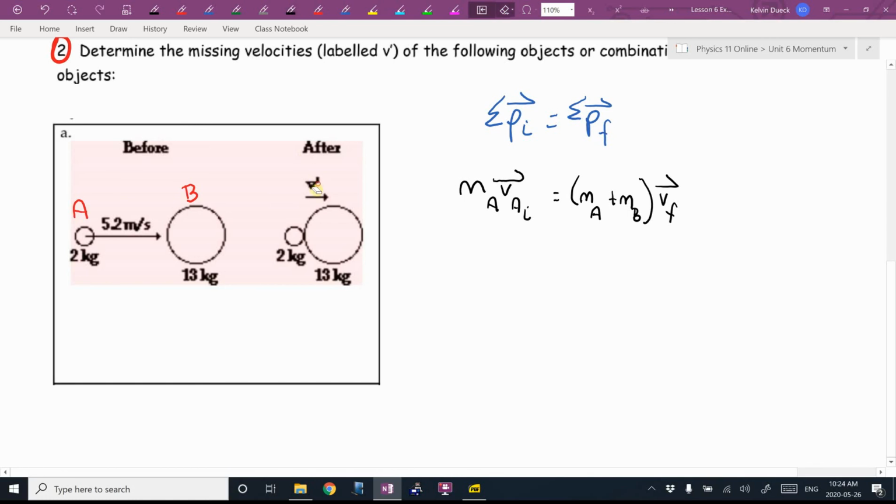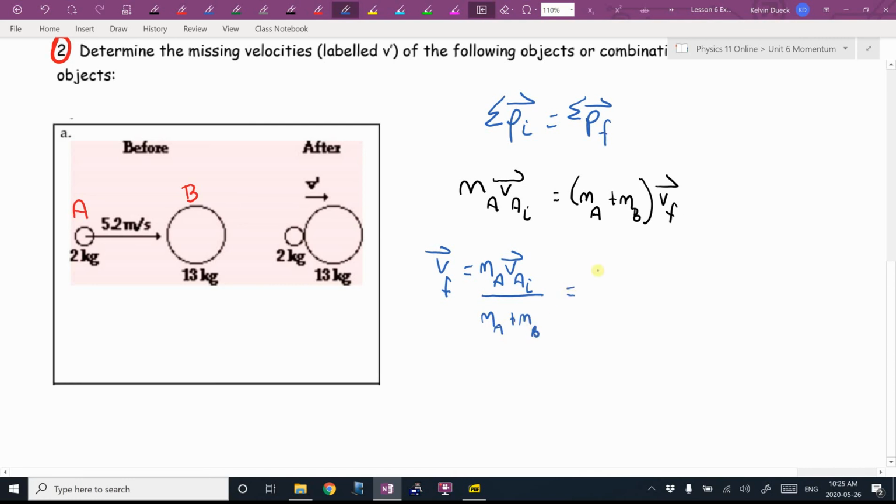And they want me to find V prime, which is definitely V final. So I think I'll just divide by the bracket. V final is going to be mass of A, velocity of A initial, divided by mass A plus mass B.